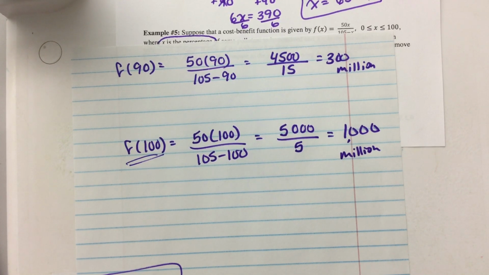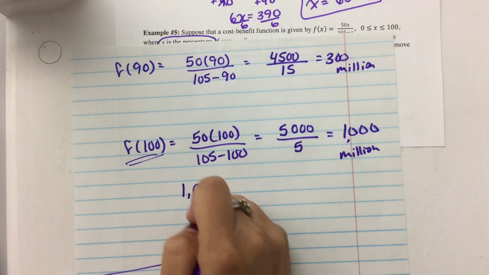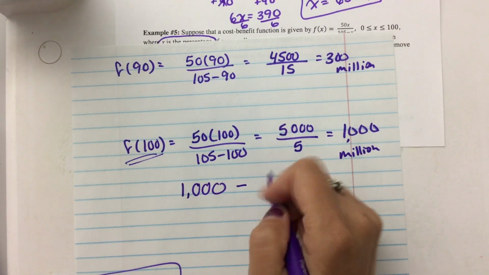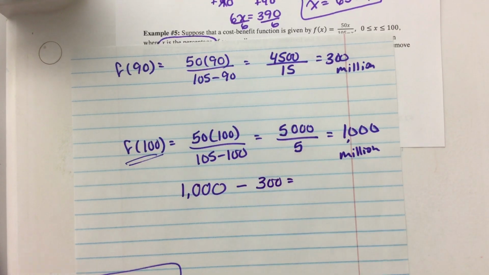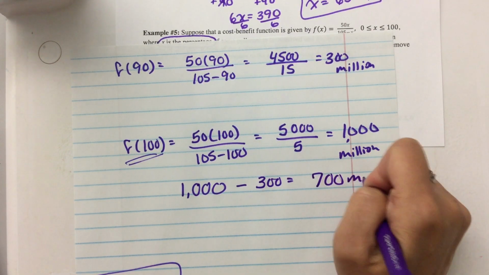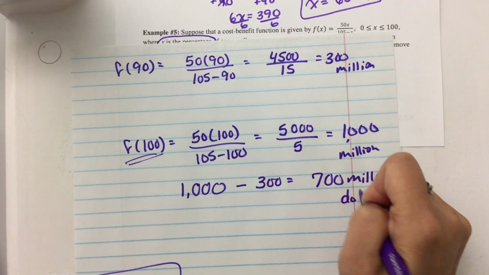They want you to compare going from 60% to 70 and 90% to 100. So I need to subtract. So if I take 1,000 million, sorry, which is 1 billion, and I subtract the 300, what we have is $700 million.